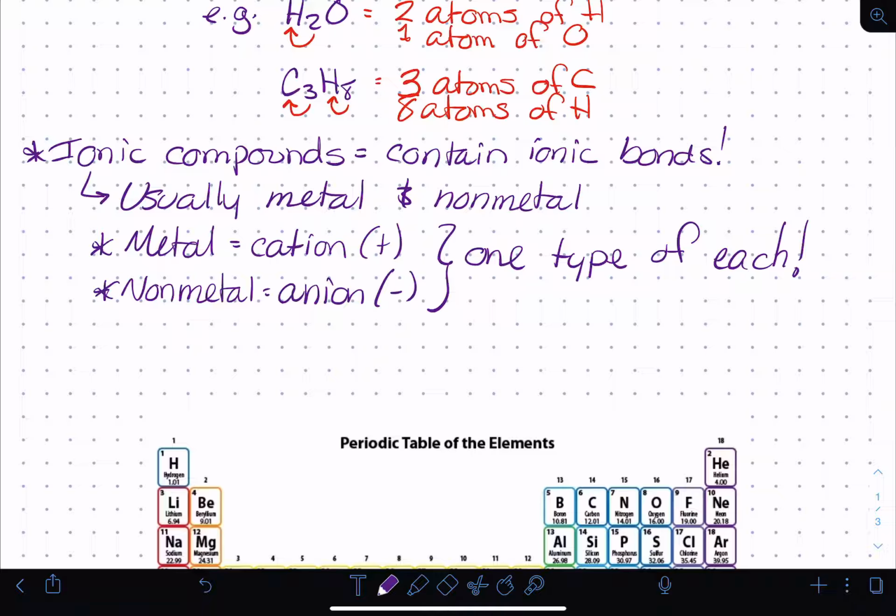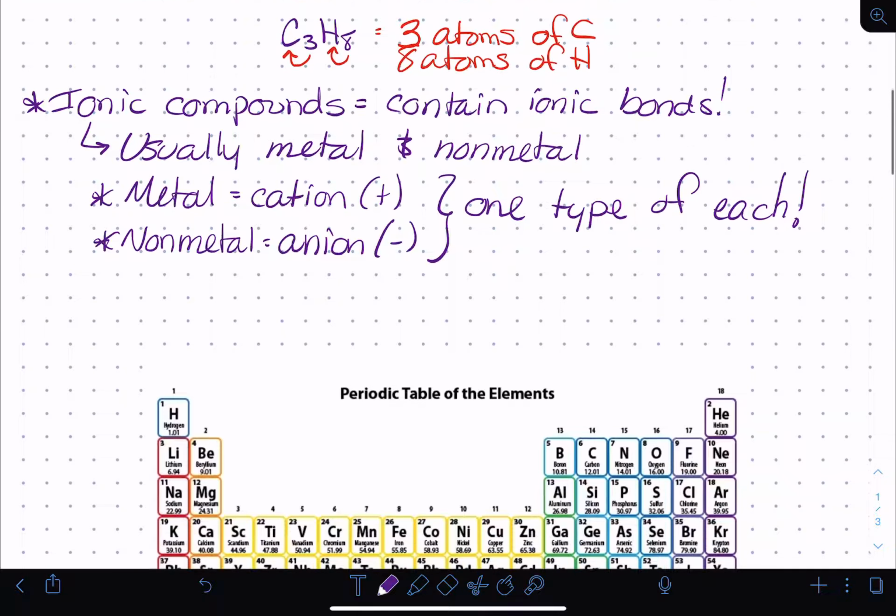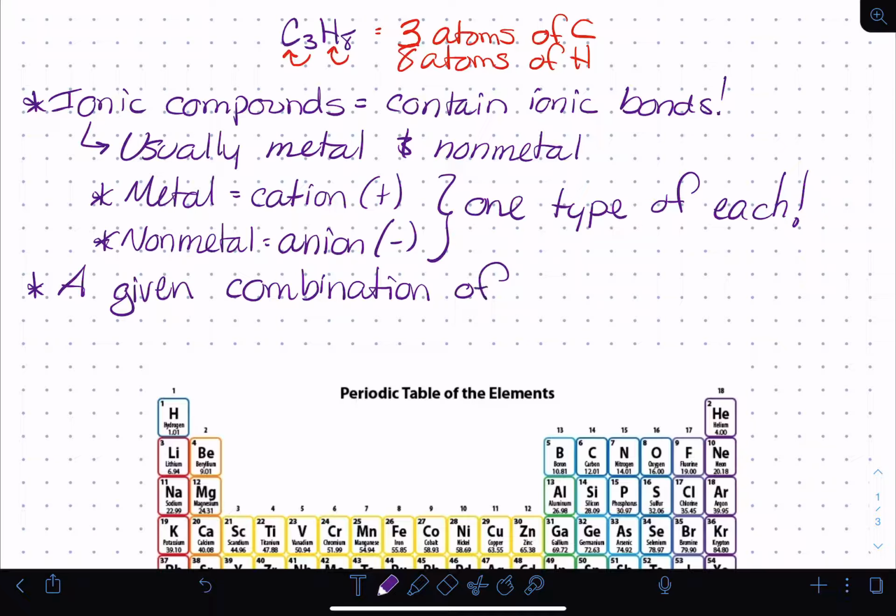So for a given combination of ions, there is only one way that you can actually combine them for ionic compounds. There is only one valid combination. So a given combination of cation and anion can only combine in one way.